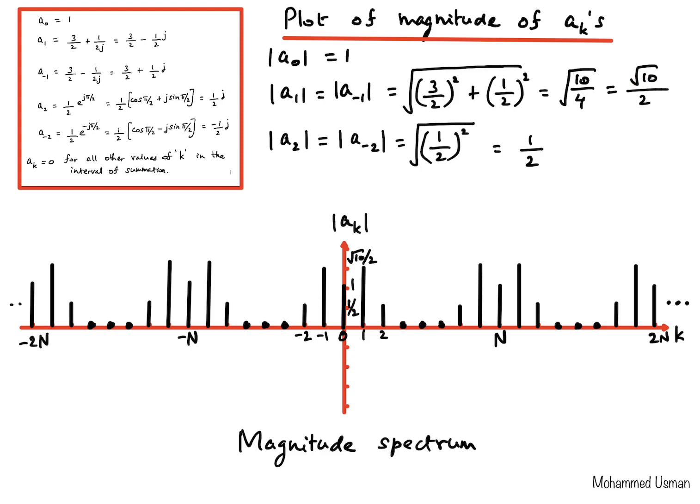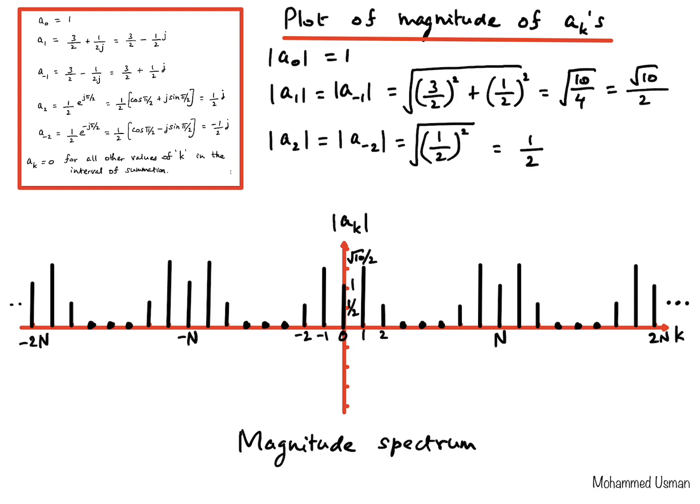For A2, the magnitudes of A2 and A minus 2 are the same because they are complex conjugates of each other. Here the real part is 0, so it is 0 square plus half square under the root. So we get simply half.